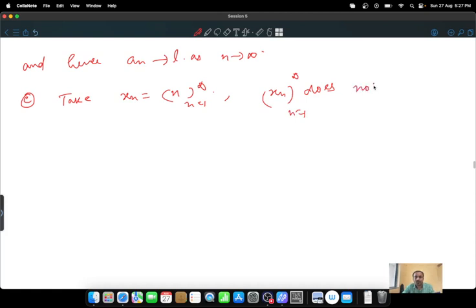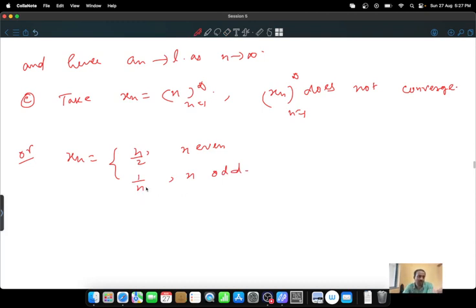Or you may think that it does not have any convergent subsequence. You can take x_n to be n by 2 if n is even, and minus 1 by n if n is odd. Now if you look at the subsequence 1 by n, it converges to 0.